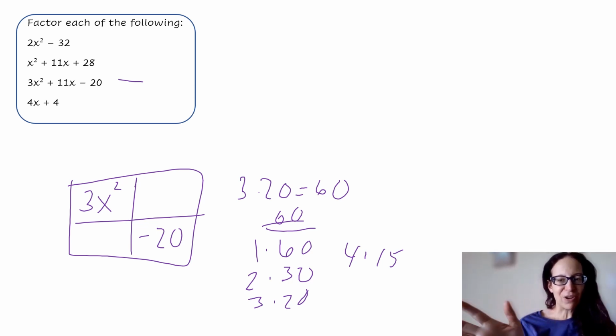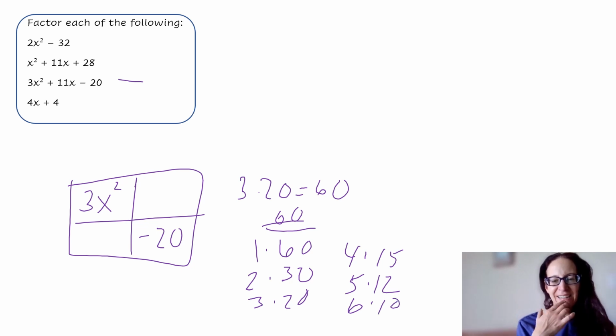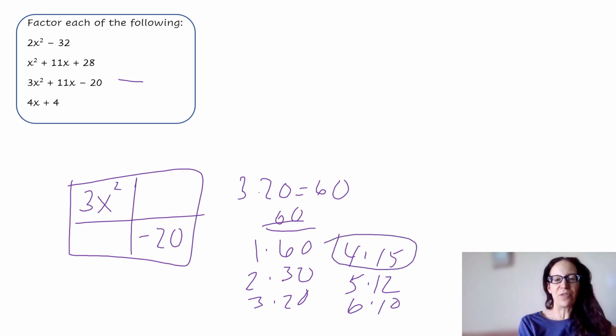I'm not going to jump on it too quickly though. We have 5 times 12, 6 times 10, not 7, not 8, not 9. Okay. And that just is making sure that we've caught all of them. Nothing here works for the 11 except the 4 and the 15.